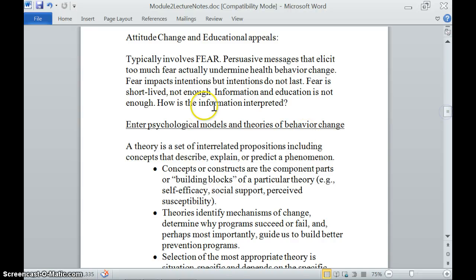So because of some of the limitations of these past approaches with education and fear, and again, I'm not saying we don't need education, but that's necessary but not sufficient, theory came along.